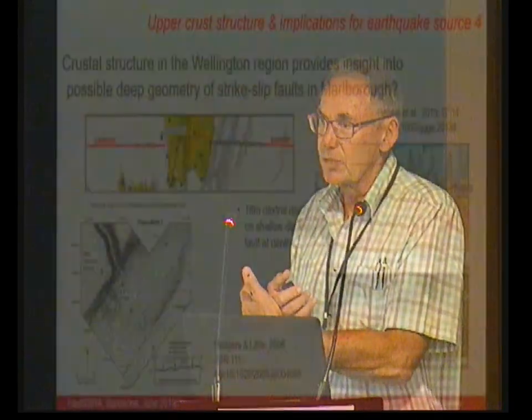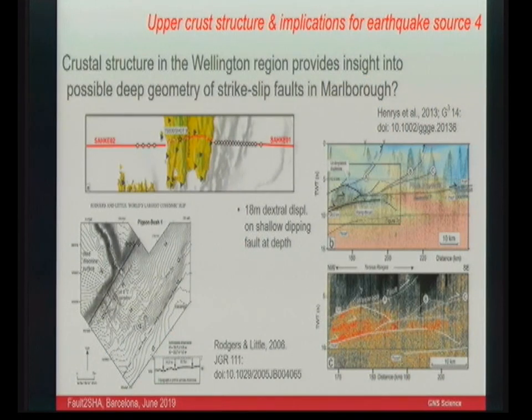So 18 metres of strike-slip displacement in the 1855 earthquake. So we had 12 metres of displacement on the Kekerengu fault. I wouldn't bet that the Kekerengu fault does not become listric into mid-crustal depths.